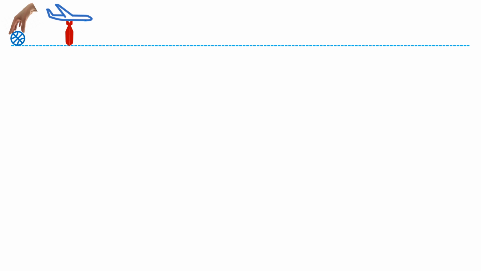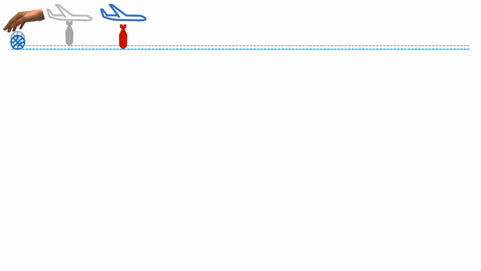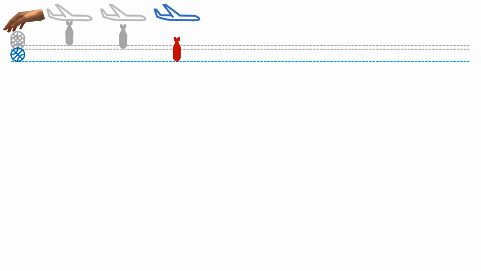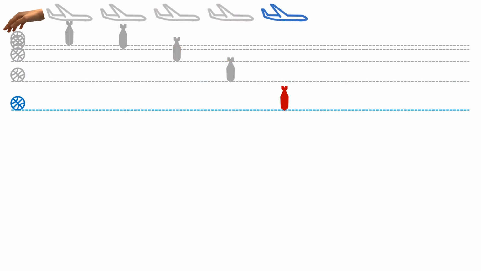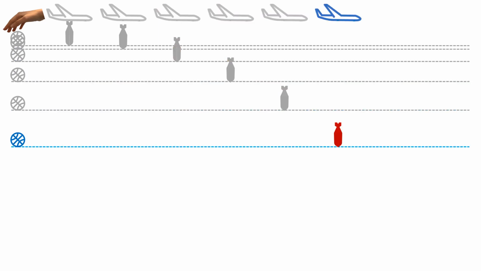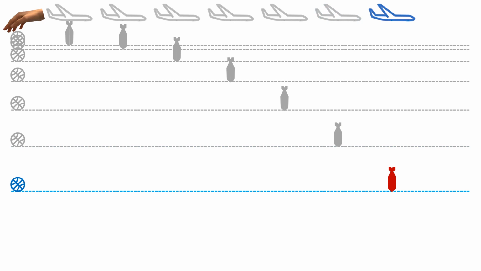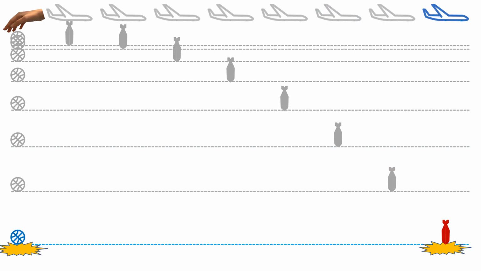Let us begin the animation. Note that the position of the ball and the bomb is exactly the same in the vertical direction. So it means that in the vertical direction, the equation we use for the ball and that of the bomb is the same. So let us do some mathematics.